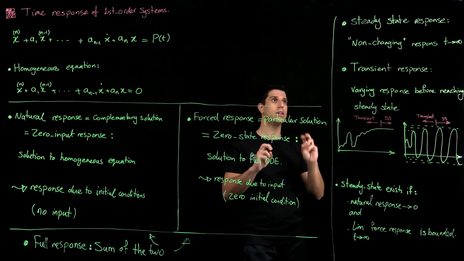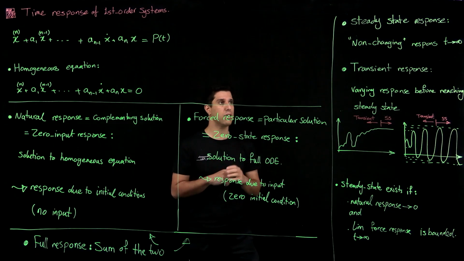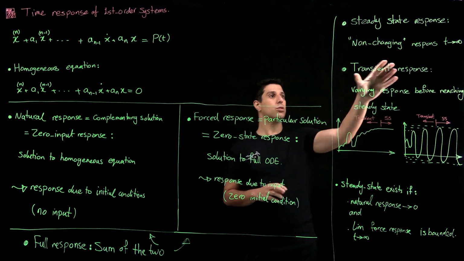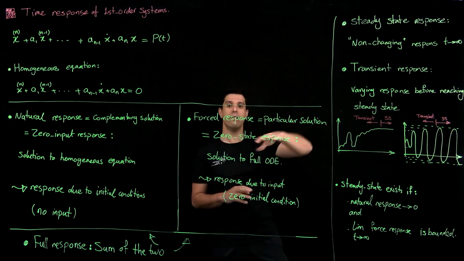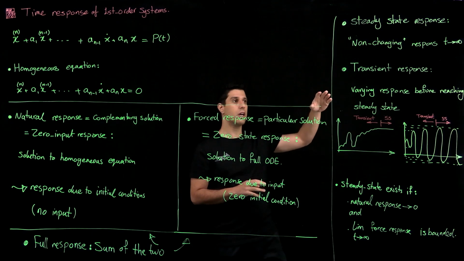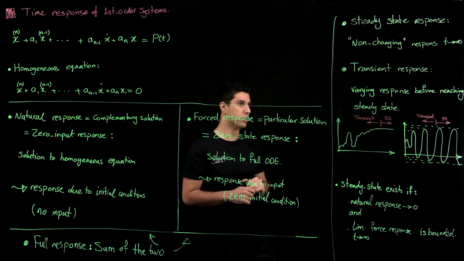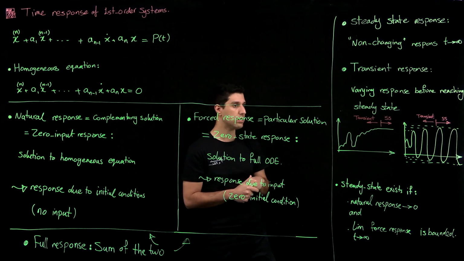That is not the technical definition of stable, but a colloquial stable. Opposite to that, we have transient response, and transient response is any varying response until we arrive at the steady state response. So anything before steady state, we consider it transient.